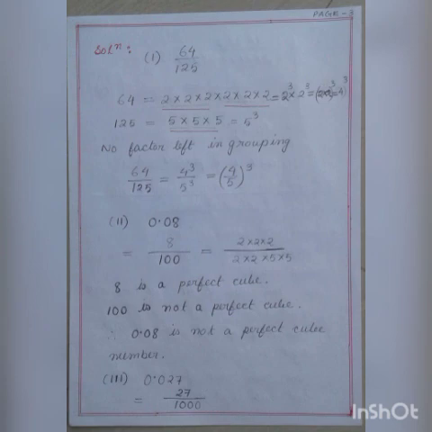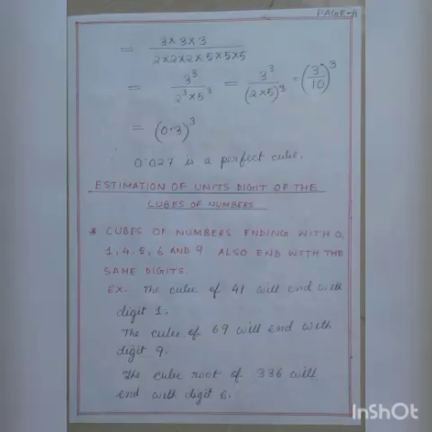Number 3, 0.027, which is equal to 27 by 1000, which is equal to 3 into 3 into 3 divided by 2 into 2 into 2 into 5 into 5 into 5.